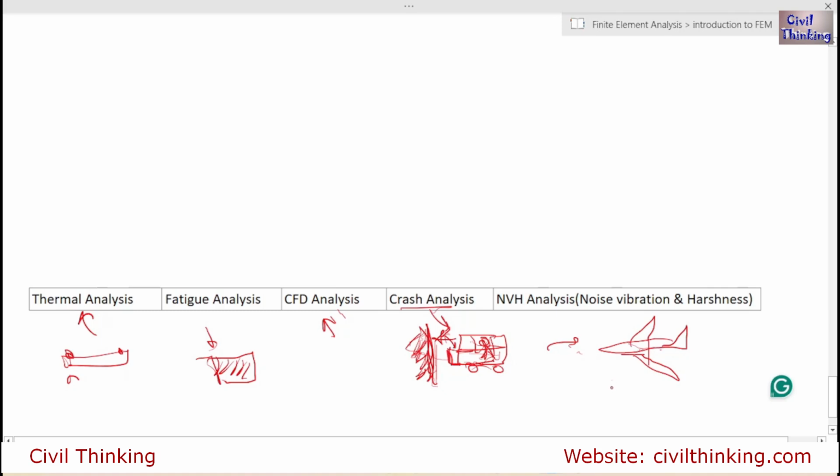But we have to see how much noise there will be from the engines and all those things. That kind of analysis is related to NVH analysis. So we can do all of these types of analysis in the finite element method. Again, we will go to each topic in detail. This was just the introduction.